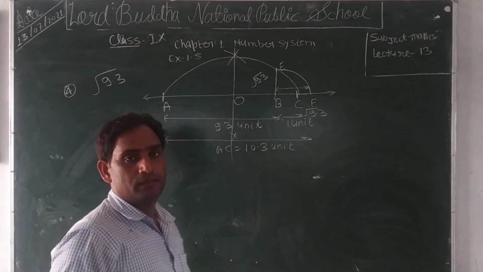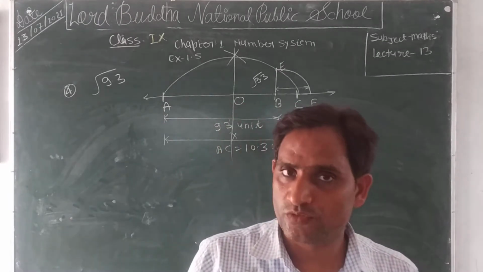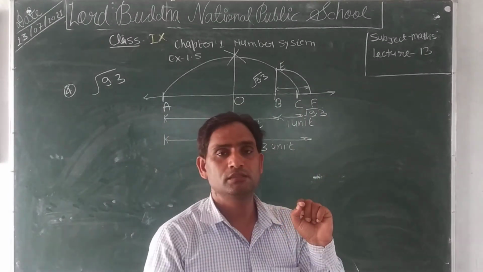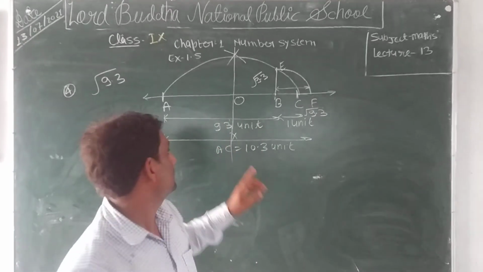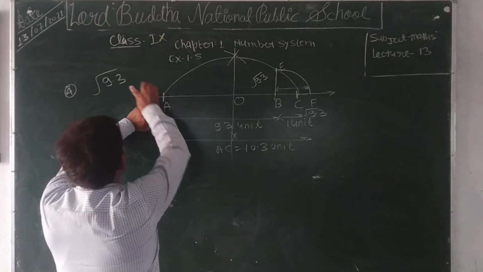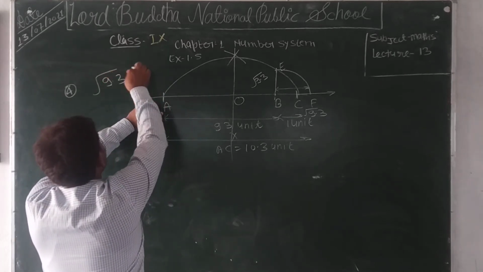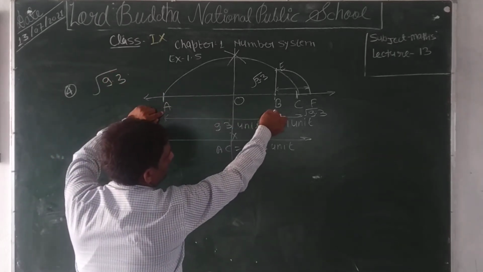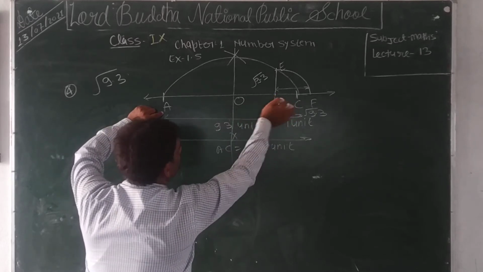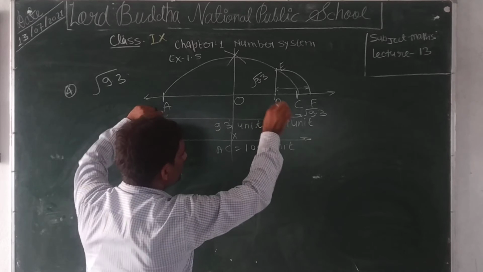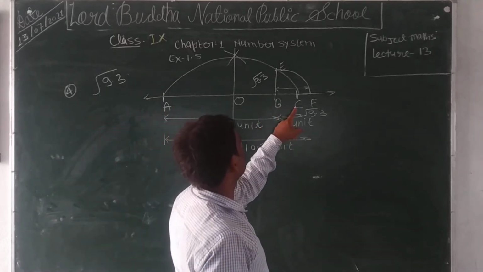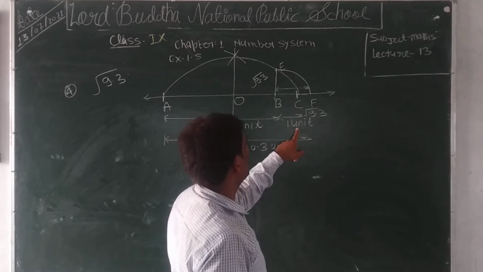Once again, in the first step you draw a straight line. In the second step you mark a point A on this line, and measure a length equal to the given length 9.3 and mark this point as B, where AB equal to 9.3. In the next step you take 1 unit extra, B to C, 1 unit.